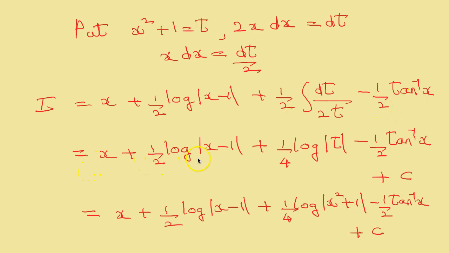That is x plus half log mod x minus 1 plus 1 by 4 log mod t minus half tan inverse x plus c. And lastly, you substitute for t as x squared plus 1. So your I becomes x plus half log mod x minus 1 plus 1 by 4 log mod x squared plus 1 minus half tan inverse x plus c.